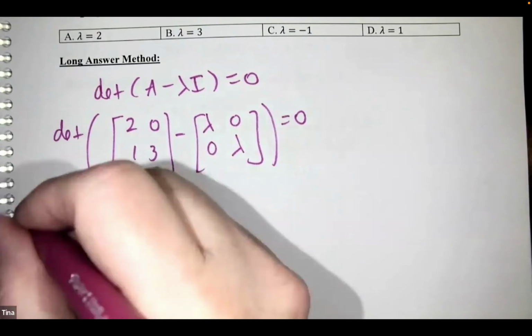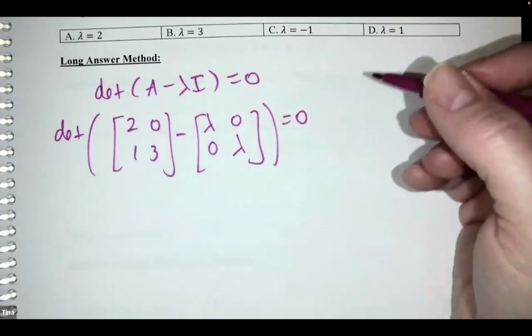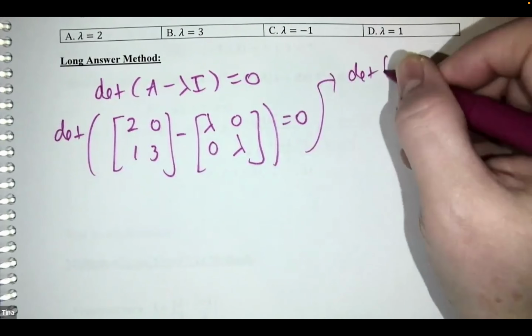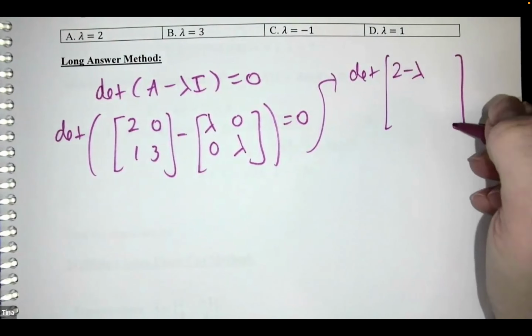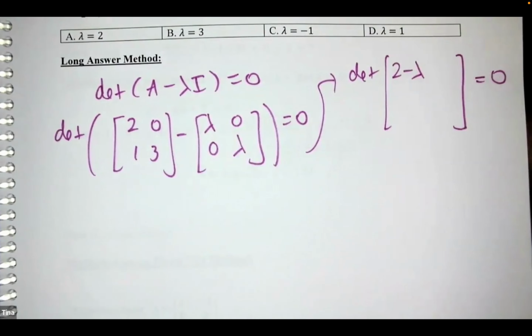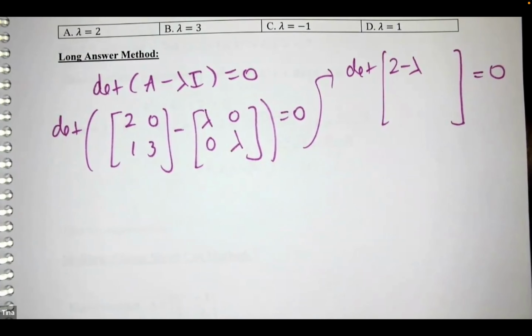Okay? So now we've got det of 2 minus lambda. I want you to do the rest here. Fill in the rest, and then do your AD minus BC and see what you get for your characteristic polynomial.